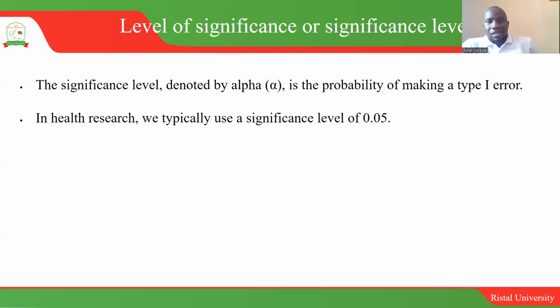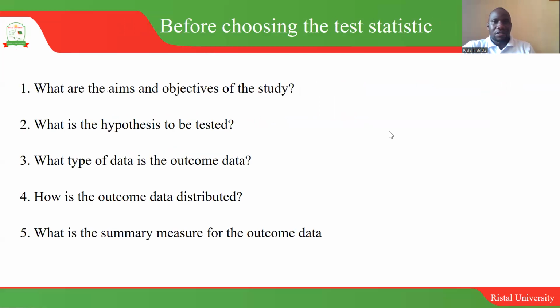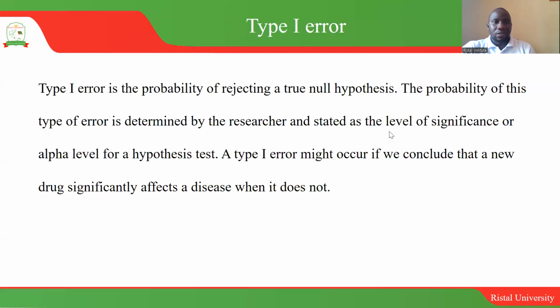Okay? Let's first look at those errors before we proceed. A type 1 error is when you reject a true null hypothesis. So the null hypothesis is basically saying that there is no significant difference between two variables.